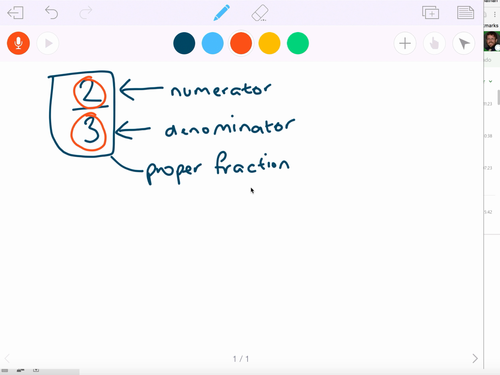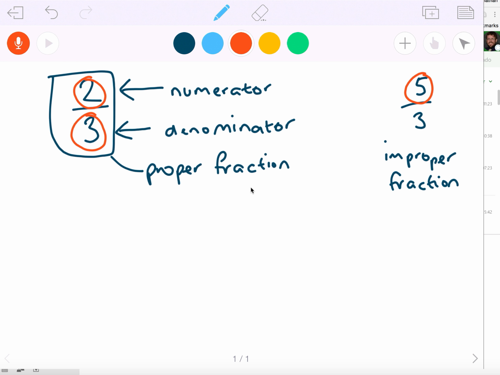In some places we might have a fraction that looks like this, 5/3, and this would be called an improper fraction. It's called an improper fraction for exactly the opposite reason: the numerator is bigger than the denominator. So it's a top-heavy fraction, and it's called an improper fraction.